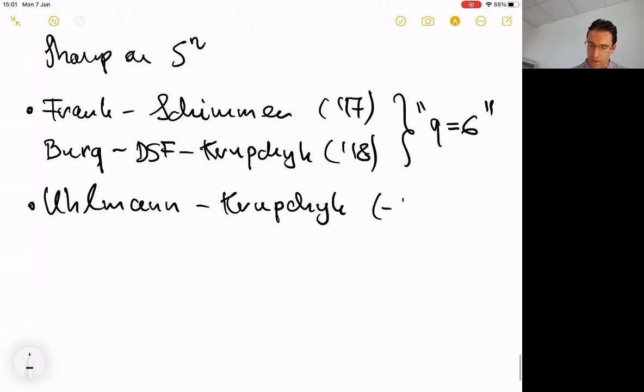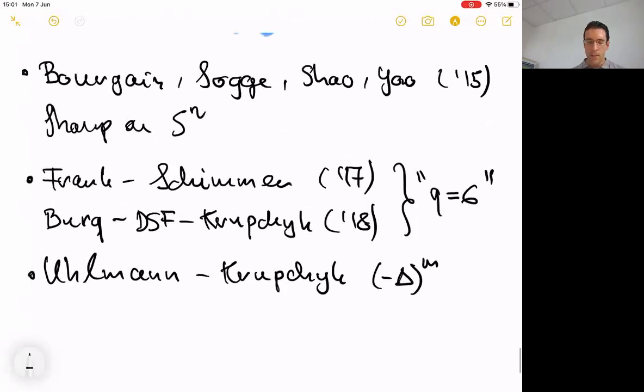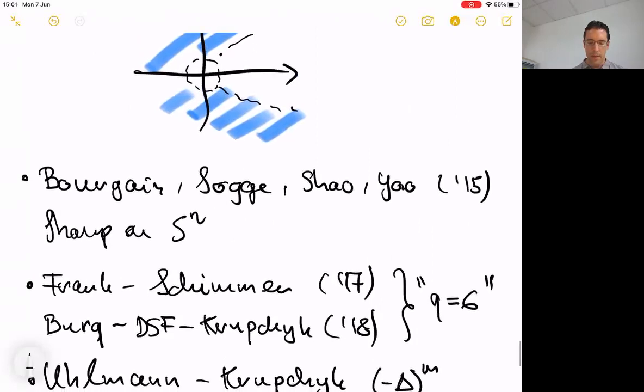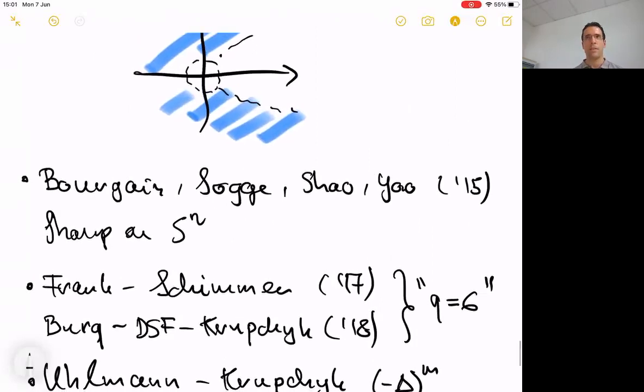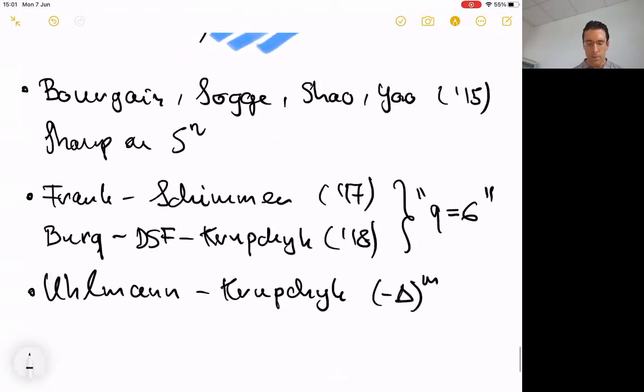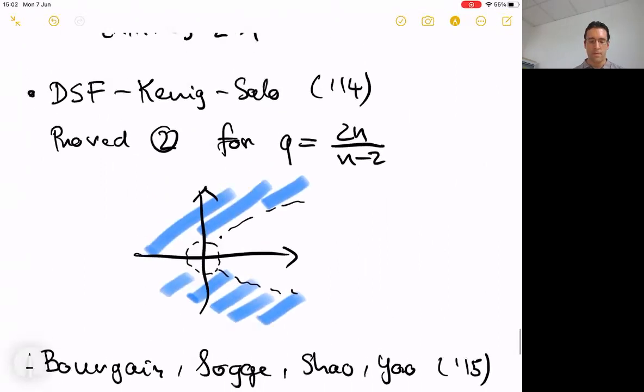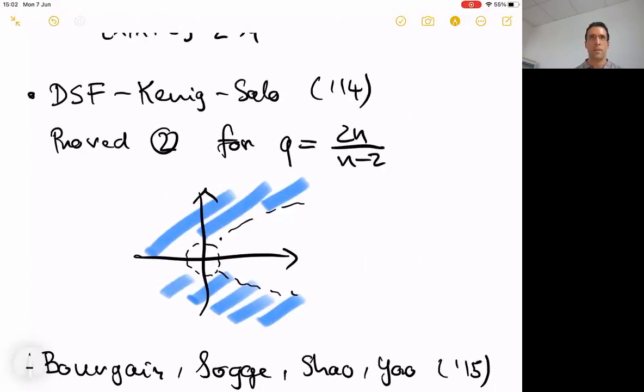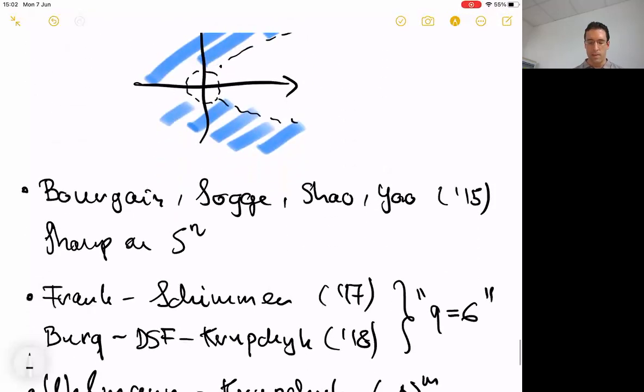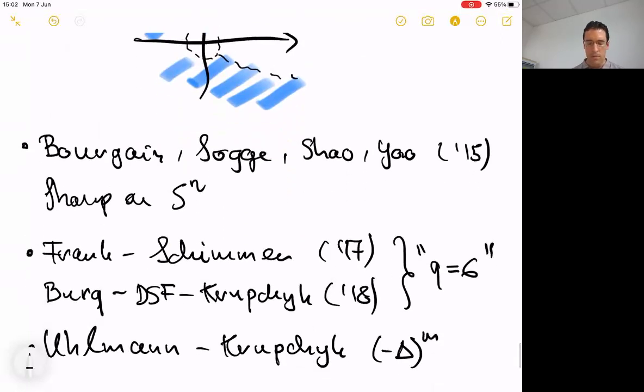So they considered something like minus Laplace to the power n. Okay, and all these works used parametrices, either explicitly or implicitly. The only work that doesn't use it explicitly is this paper of Frank and Schimmer, but they used the results of Dos Santos Ferreira, Kenig, and Salo. They used the bounds on the Hadamard parametrix for their argument. So they also use parametrices in some way.